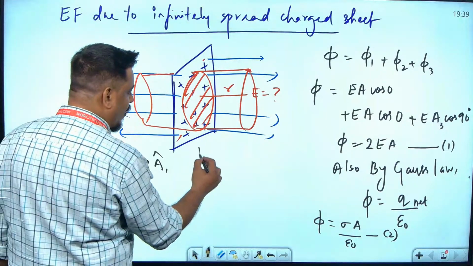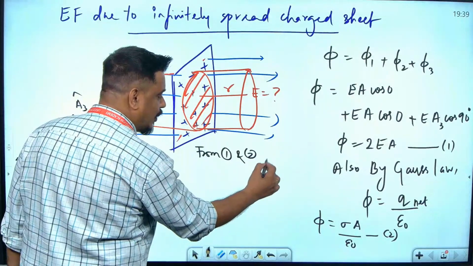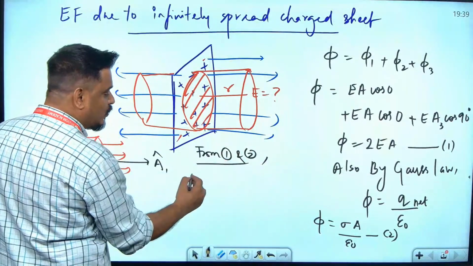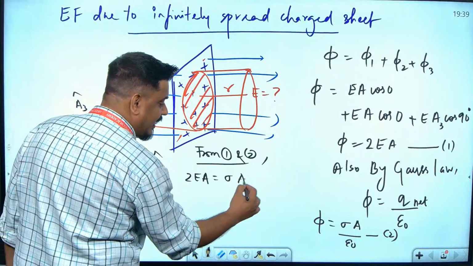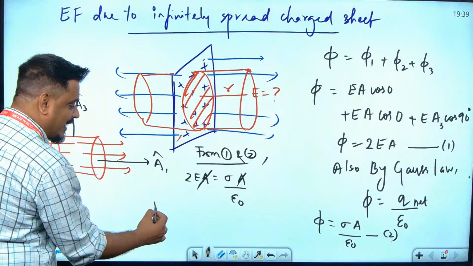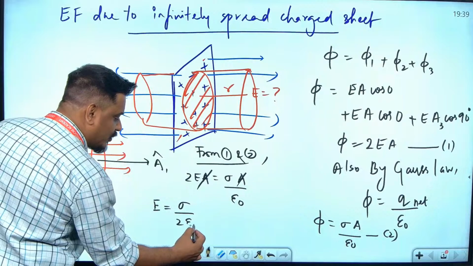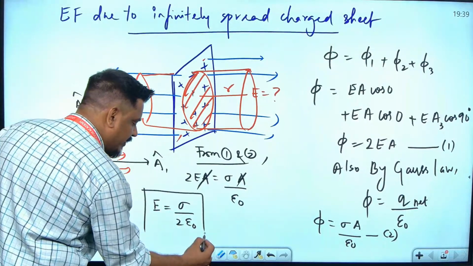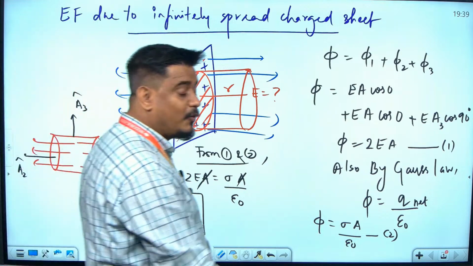Now I am having from 1 and 2. So from 1 and 2, what do I get? Please pay attention. 2EA is equal to sigma A by epsilon naught. A gets cancelled. You get electric field is equal to sigma by, very, very important. One strange thing happened here.